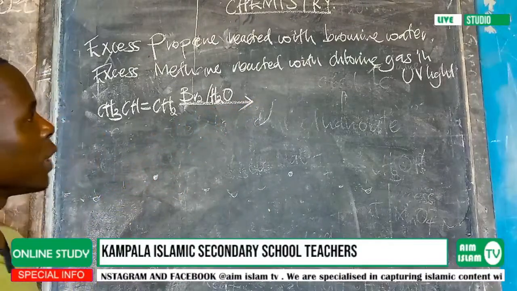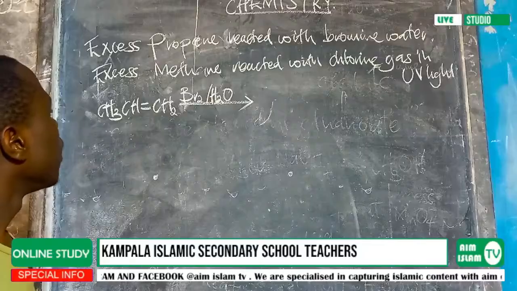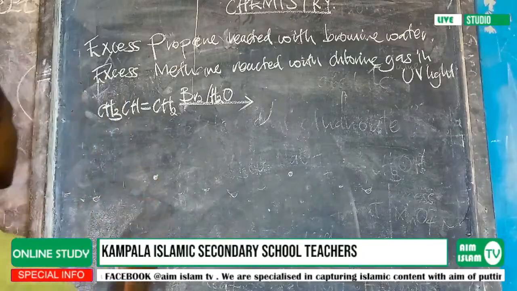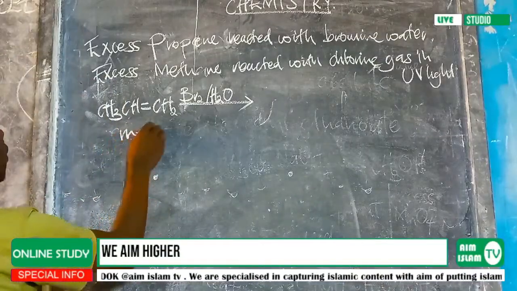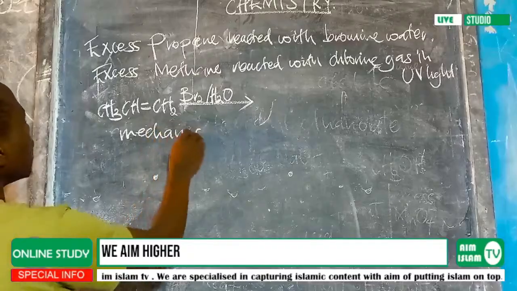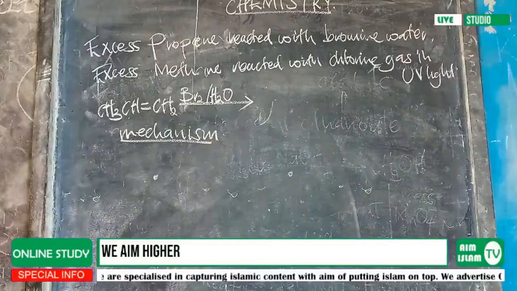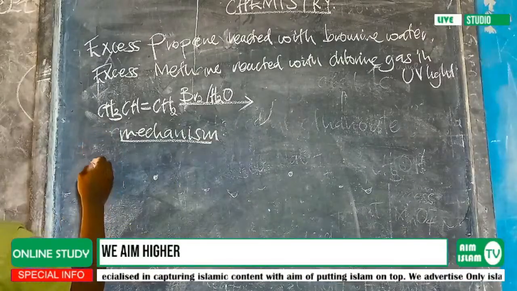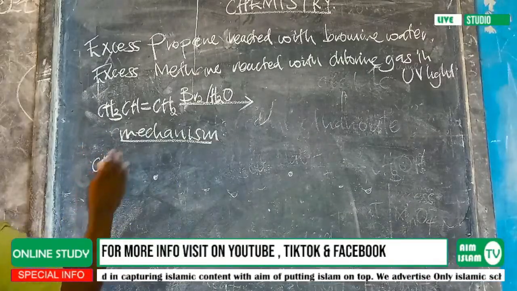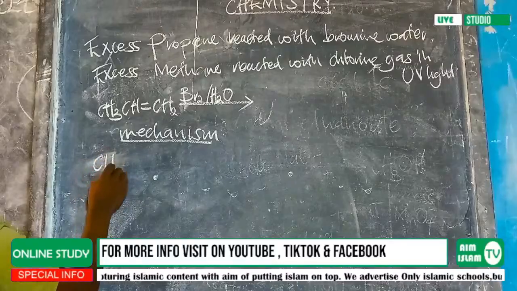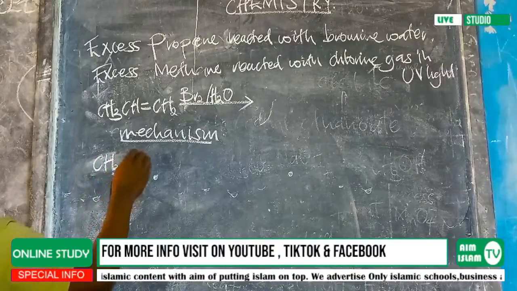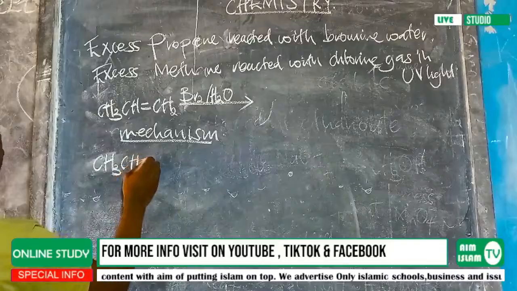That product is obtained as a mitigation. Then let us show how we can obtain that from the mechanism. So we are having our propene.